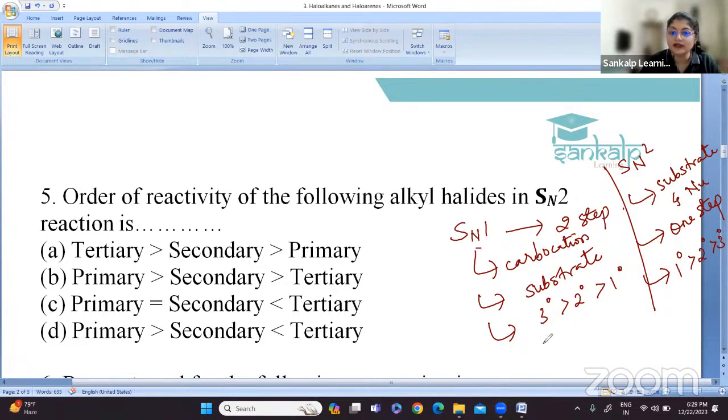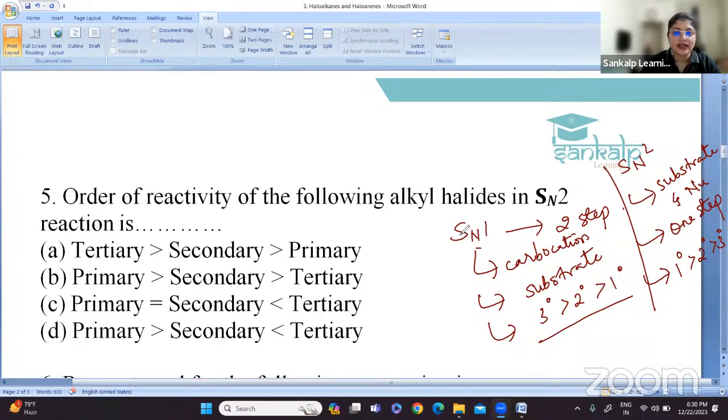In SN1, tertiary is more stable than secondary and then primary. Remember this, SN1 is a two-step mechanism, SN2 is a one-step mechanism. In SN1, the rate of the reaction depends upon the concentration of only the substrate, and in SN2, the rate of the reaction depends upon the concentration of substrate and nucleophile.